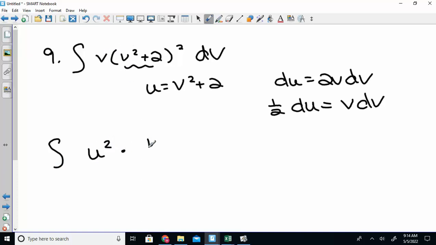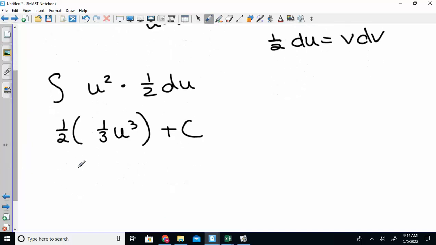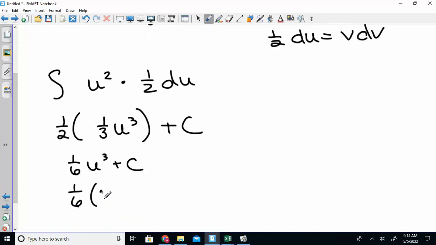So we have u squared times the 1/2 du. Antiderivative of u squared would be 1/3 u cubed. We need a plus c on this one. And then replace your u. U was b squared plus 2.